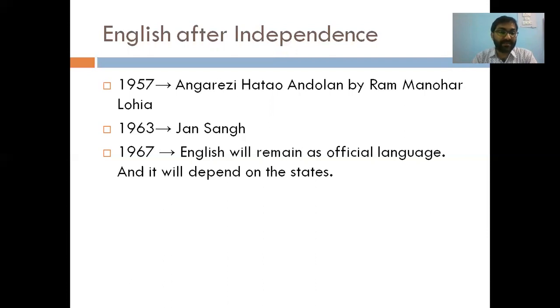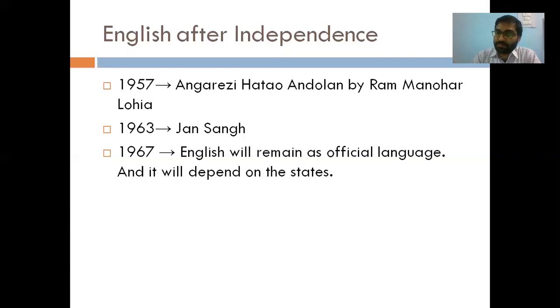In 1967, English will remain as official language, and it will all depend on the states. Actually, in 1967 there were protests in India against not accepting Hindi as official language.